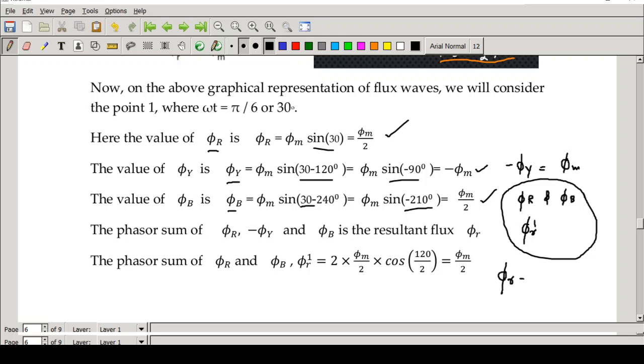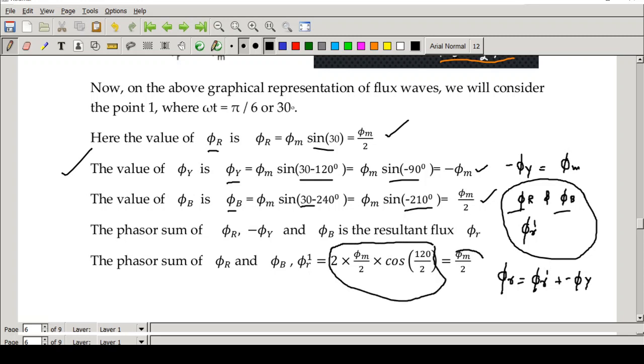I will add the other flux, that is phi y. So I will add phi r dash plus minus phi y. First let's see how to find phi r dash. Phi r dash will be the vector sum of the two fluxes phi r and phi b. So how will you find it? This is the equation, 2 into the magnitude into cosine of the angle between the fluxes.